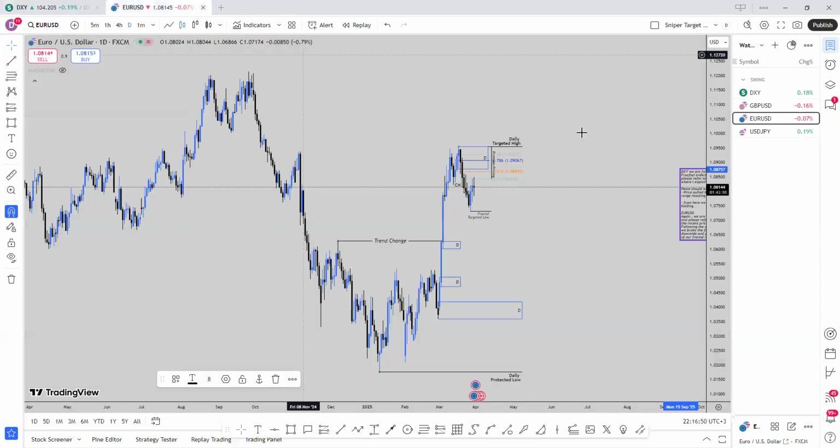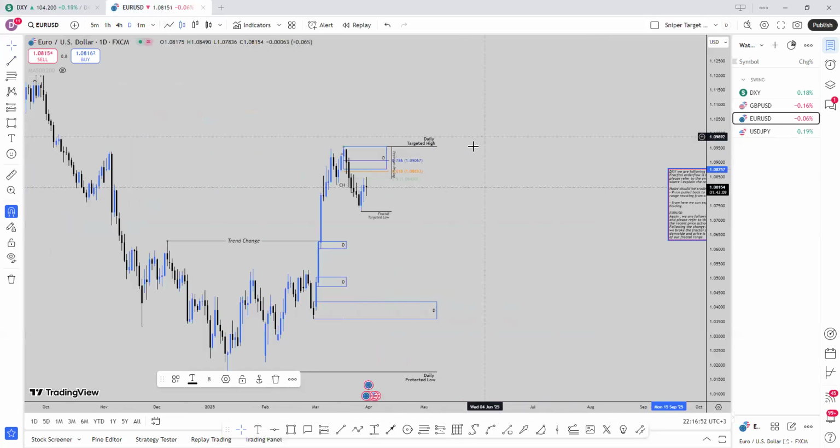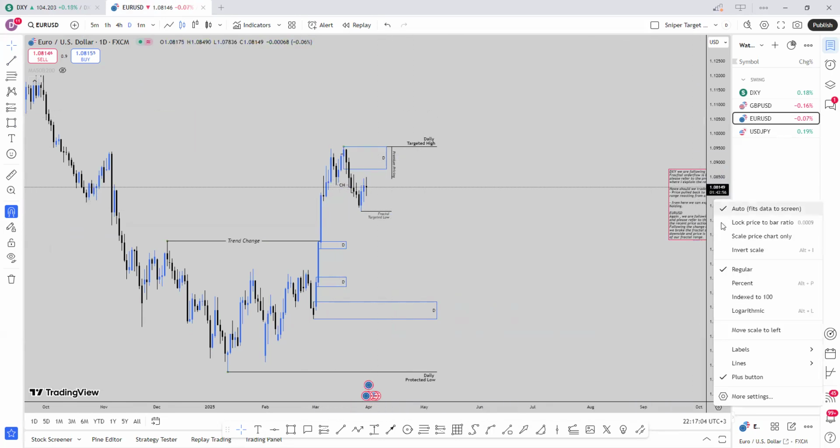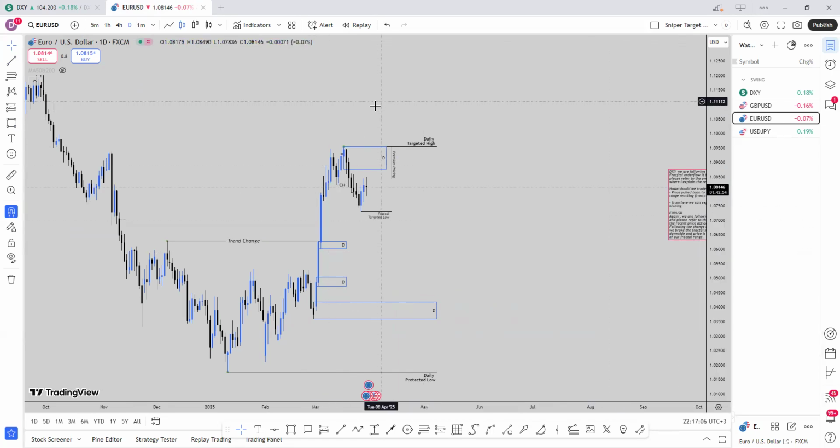If we go to EURUSD, this is the order flow that we are getting, just like the DXY. EURUSD is just an inverted chart of the DXY, so we did get that change of character to the downside.